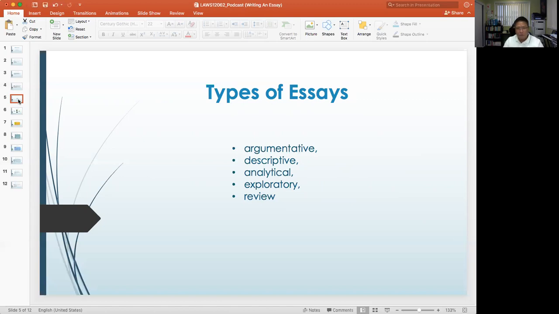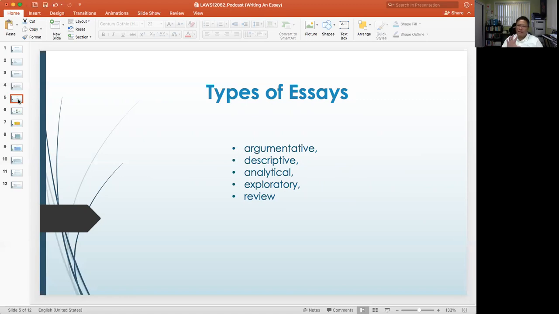It can be exploratory, you're just trying to explore what it is about, or it could be a review. So you could be reviewing the many types of dispute resolution processes to find out which among them is more effective, which among them leads to more disputes being resolved, and so on.